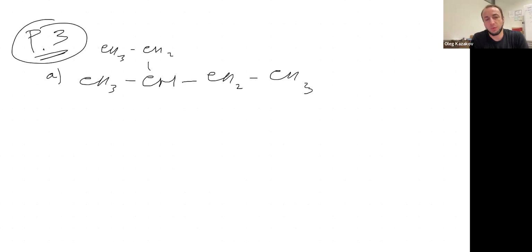So then what else do we have here? Next we'll have the substituent, right? We need to count the carbons, starting the count from the terminus that is closest to the branching, right? If you look at this situation, it doesn't really matter if you start from the left to the right side or from the right to left, because this substituent here, that's a CH3 group, which is not part of the longest chain, right?